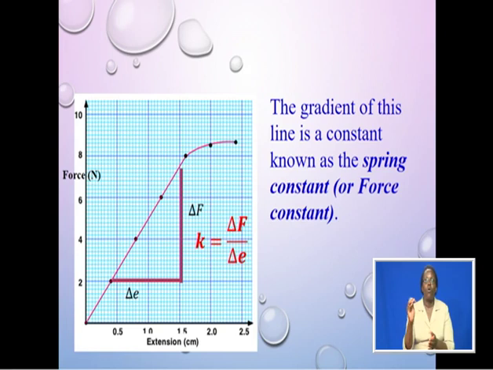To calculate the spring constant, we simply take change in F, over change in e, delta F over delta e. Delta e is simply the change in the extension. And that gives us the spring constant.